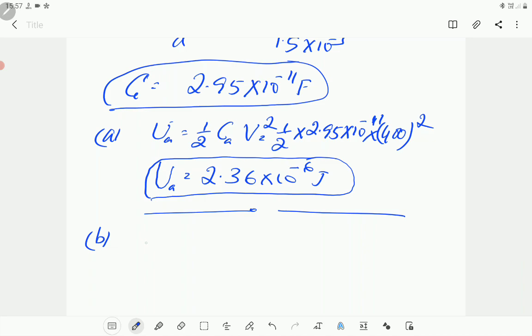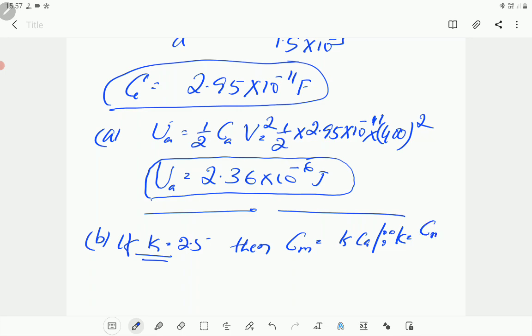Now he introduces a medium. Dielectric constant K 2.5 has been introduced. Then capacitance with medium is capacitance with air times dielectric constant, because dielectric constant is defined as the ratio of capacitance with medium to capacitance with air.